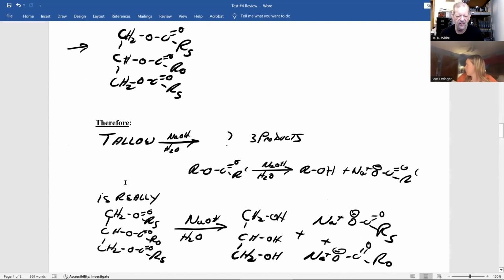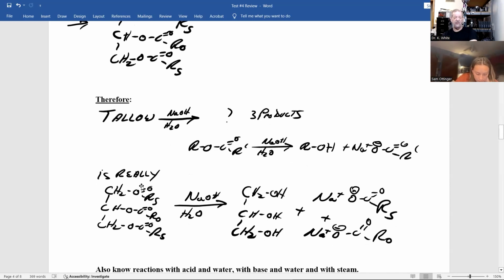And therefore, you should know, if I ask on a test, tallow plus sodium hydroxide and water gives 3 products. What does that mean? Well, tallow and white grease, yellow grease have this structure: triglyceride, triester. Each ester, base, and water gives the alcohol plus the carboxylate anion of the ester it comes from.